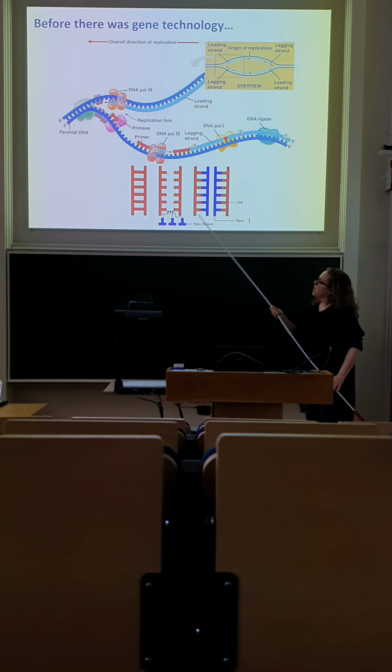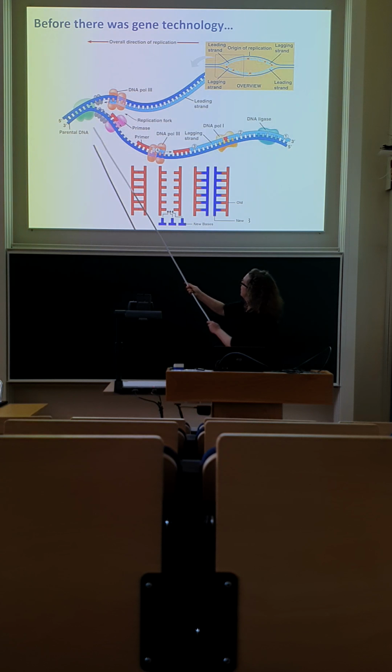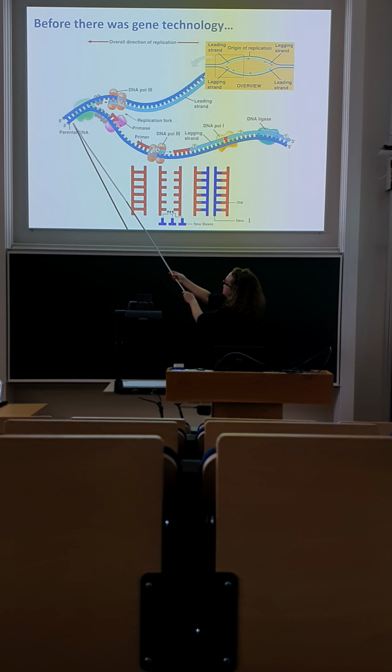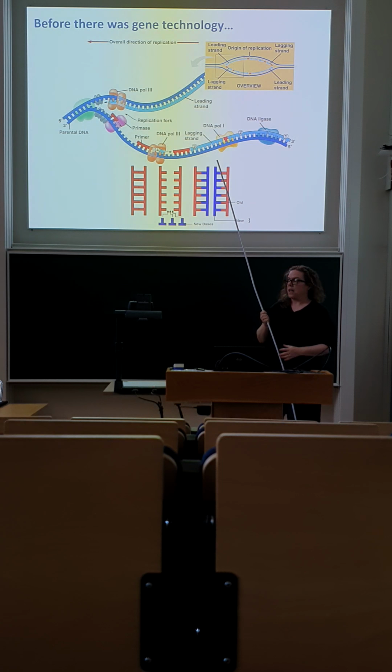So for example, if you have a regular DNA replication, you have your parent or template strand, and there are proteins within the cell that are able to open up this strand. And then this allows for the DNA to become replicated.